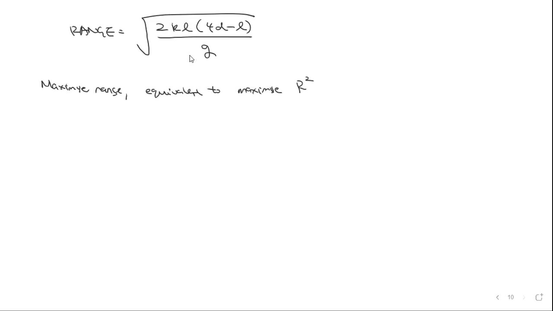I mean, the bigger your range, the bigger the square. There's no negatives to worry about here. So let's make it easy for ourselves. R squared, just get rid of the square root: 2kL(4d minus L) over g. Maximize this, you get the same result, except nicer algebra.